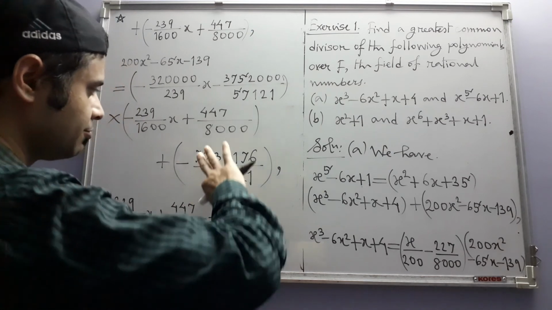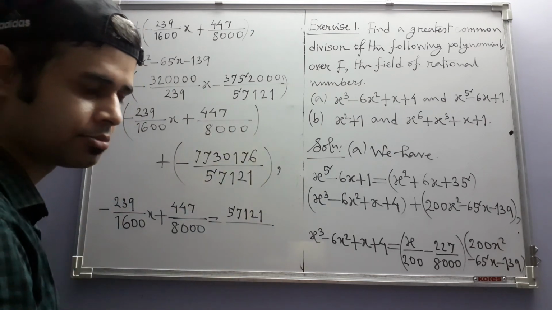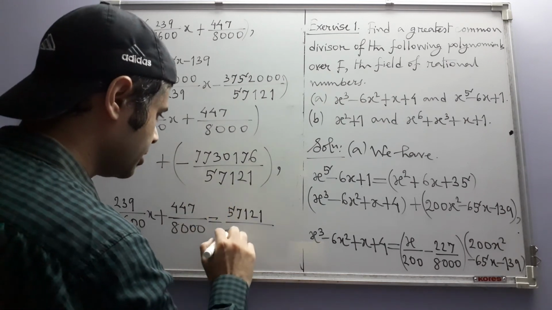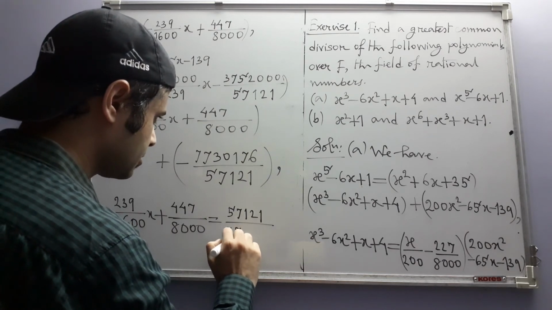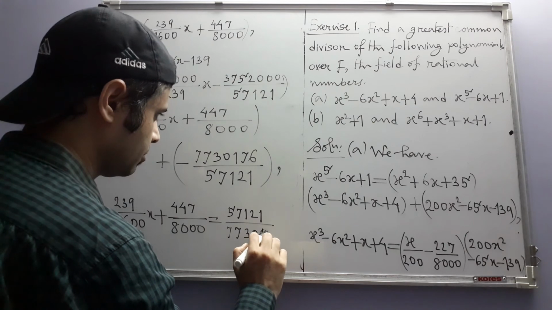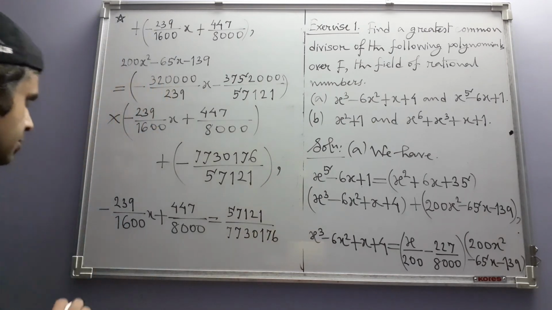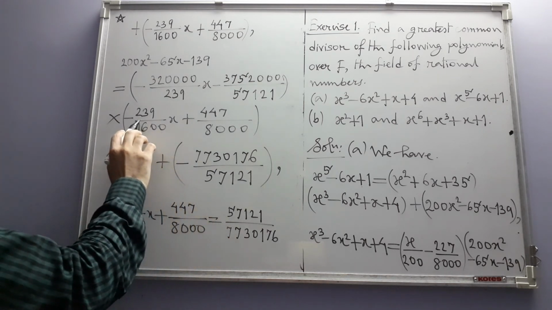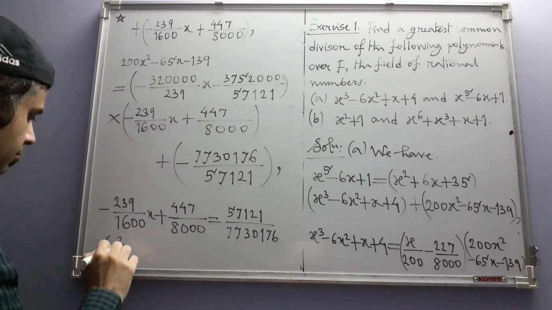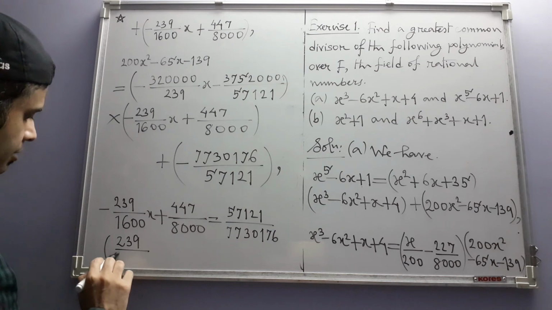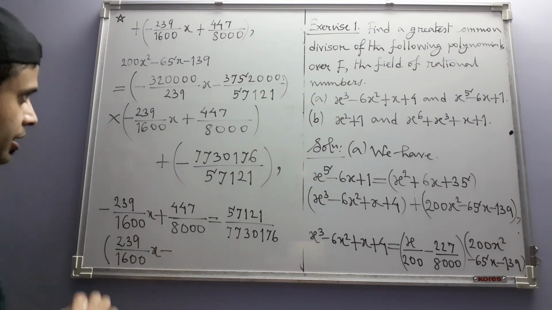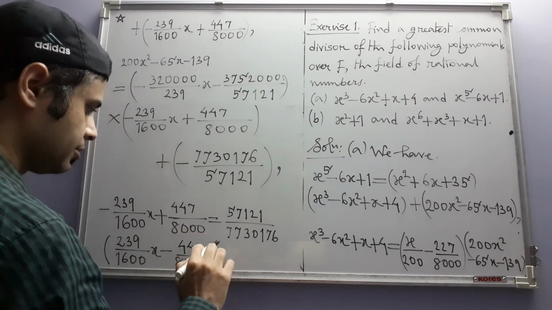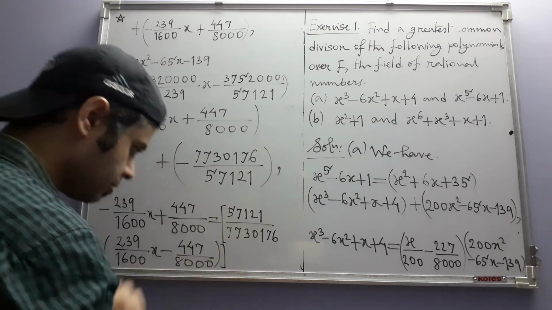Now I have the facility of inverting this element in the polynomial ring, because this is a non-zero field element, so it's a unit element in the polynomial ring, divided by 7730176 times, since we are not considering the minus sign, so that means we have multiplied by minus 1 here. 239 divided by 1600x minus 447 divided by 8000. This is the quotient.